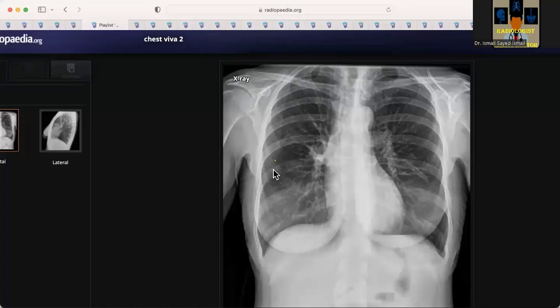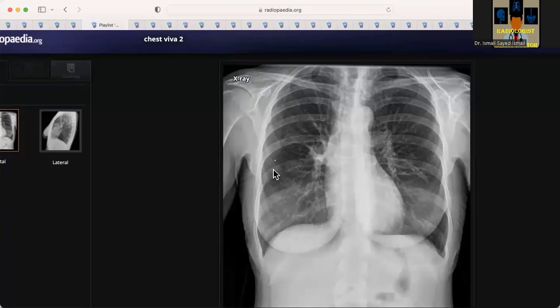I see that there is opacity in the right lower zone that is projecting over the lower part of the right lung.